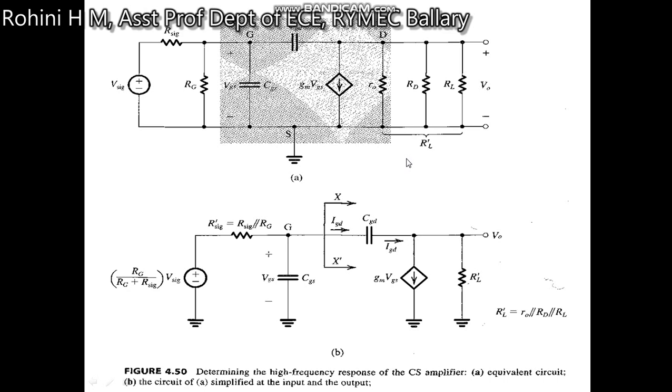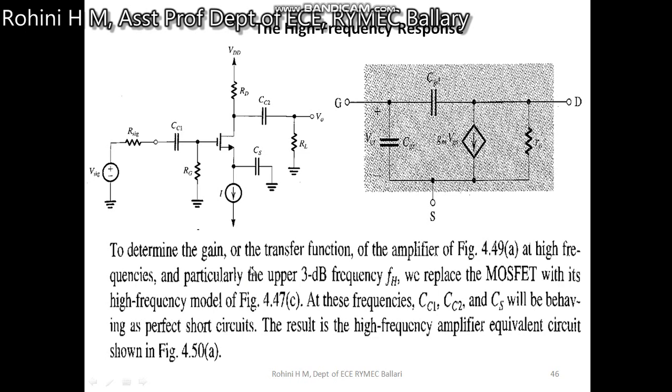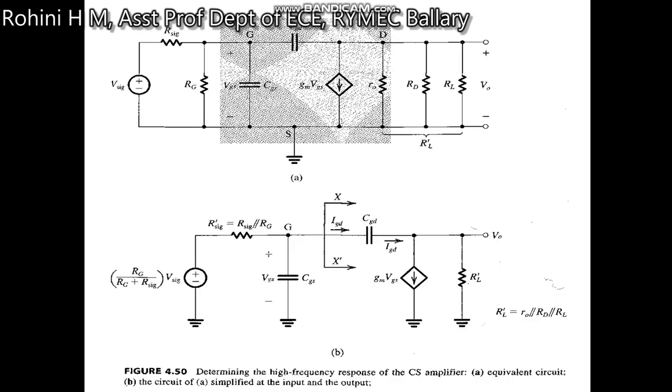So determining the high frequency CS amplifier, this is the small signal equivalent circuit, and the input and the output are both shown. Considering V signal, V out, the coupling capacitances, the drain resistance, R signal, the gate resistance, and all the capacitances CGS and CGD.